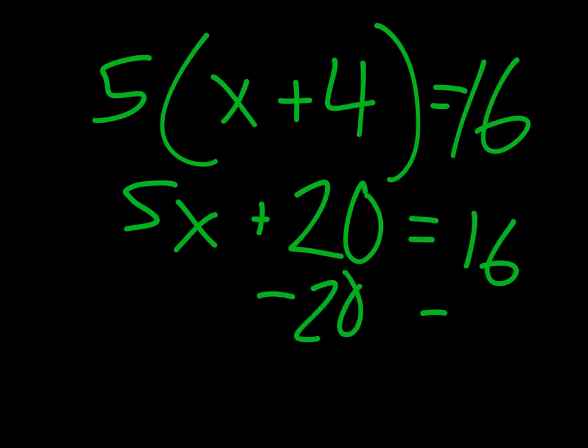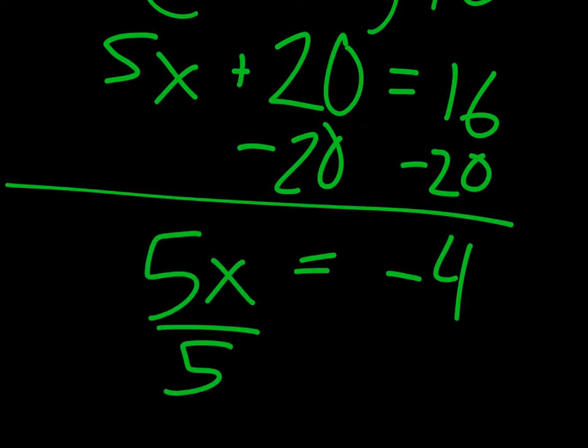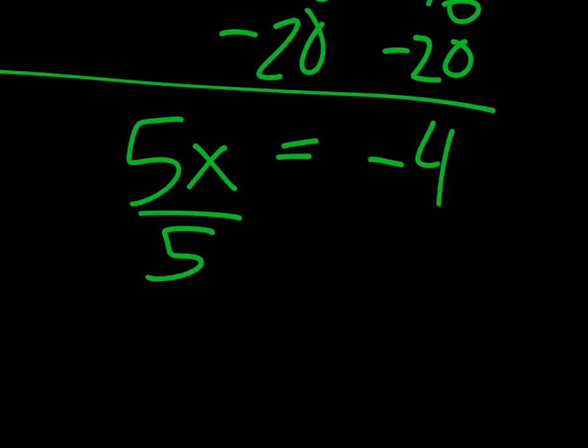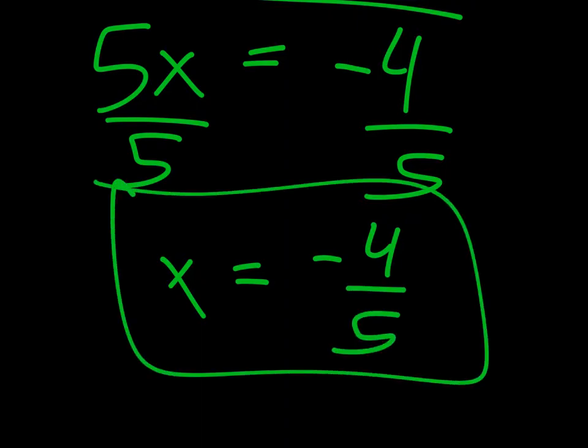That says 16 minus 20, not 12. Now we get negative 4. 5x equals negative 4, divided by 5 on both sides. And now our answer is x equals negative 4 over 5. That is an example of a multi-step equation that I came up with off the top of my head.